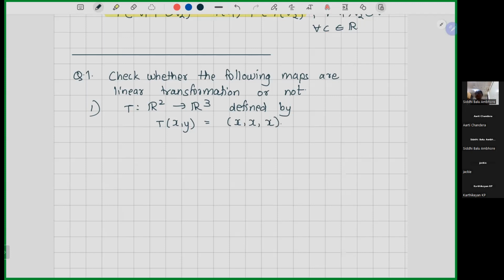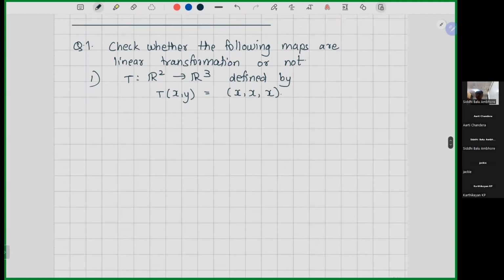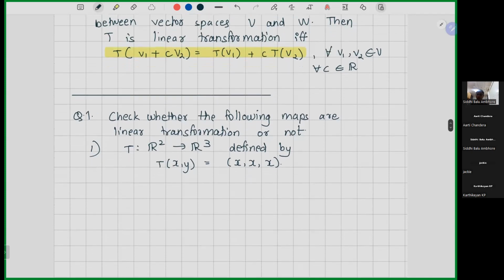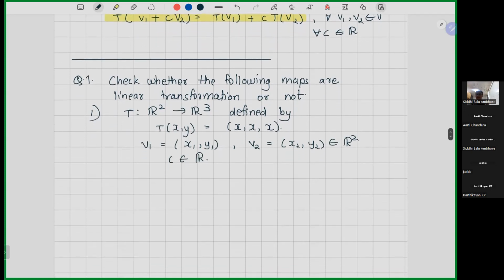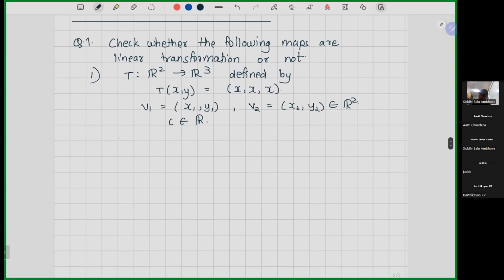Okay, so this is our map. What do we want to check? We want to check this condition. If I take V1 and V2 in R2, our V1 would be of the form x1 comma y1 since we are in R2, and V2 will be x2 comma y2. And again, our vector spaces are over R. Let C be any constant or scalar from R. Then we want to check whether T of V1 plus C V2 is equal to T of V1 plus C T of V2 or not.